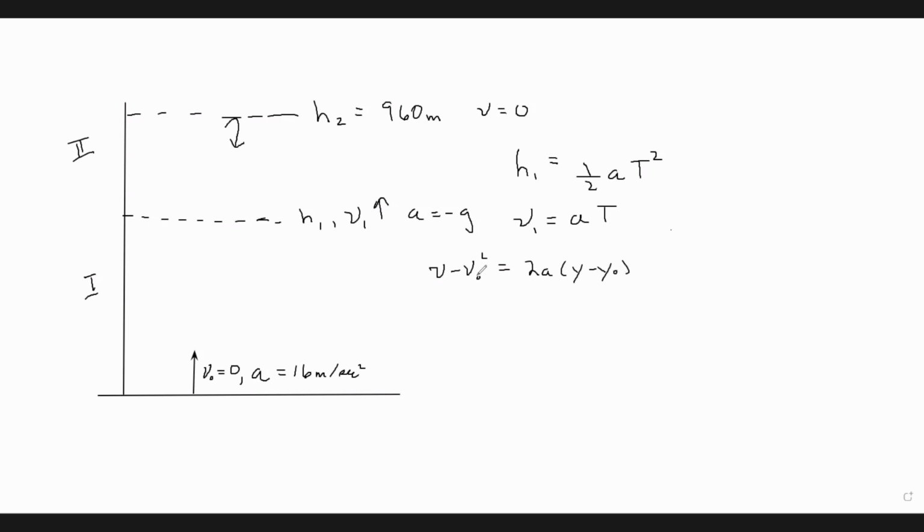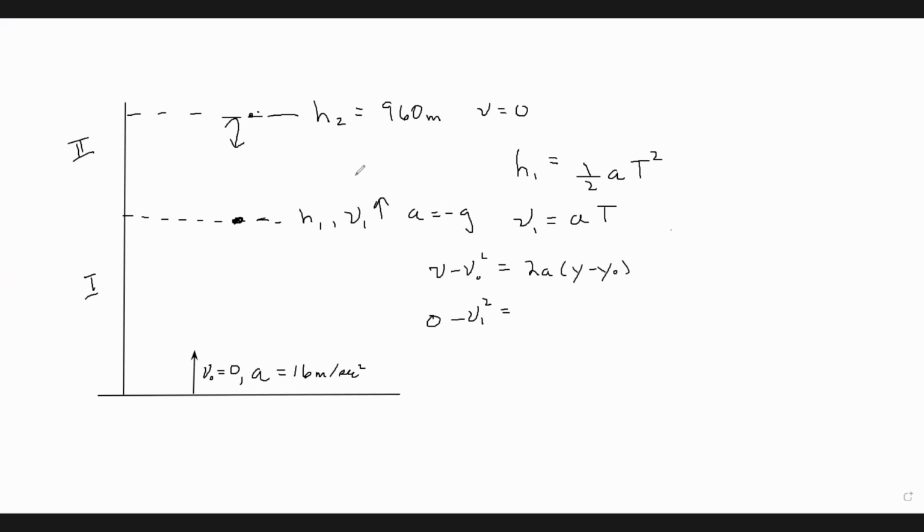And let's apply this equation between that point and that point. So at h2, V is 0, and the initial speed right here at this point is V1.